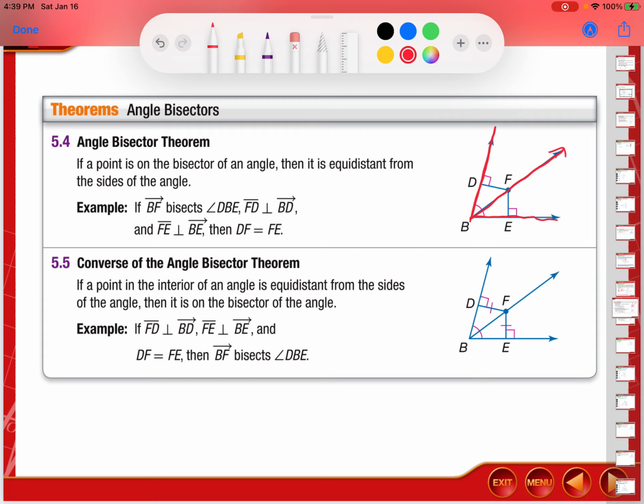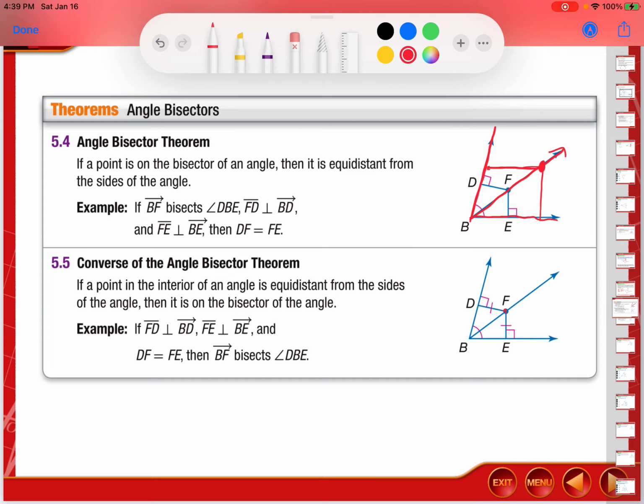It's like the definition of a bisector. If I drew a point here, it's going to be the same distance from both of these lines, pretending my art skills are even halfway acceptable.